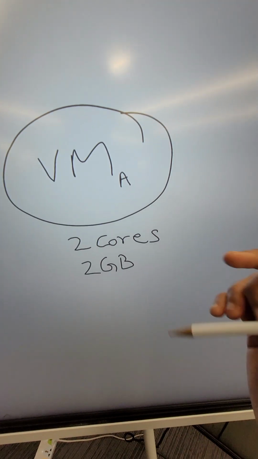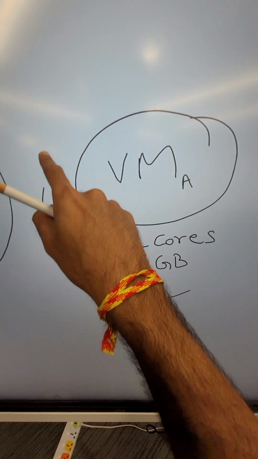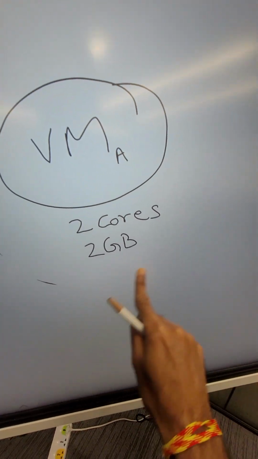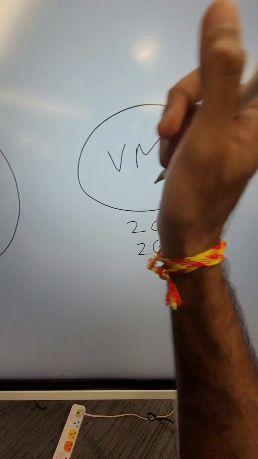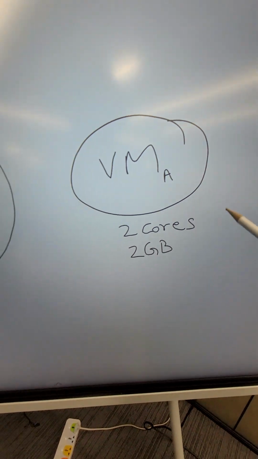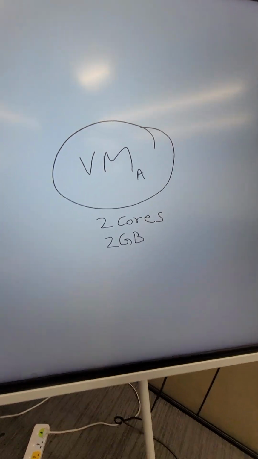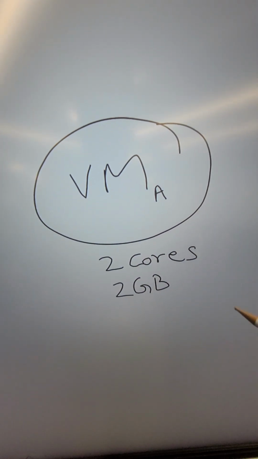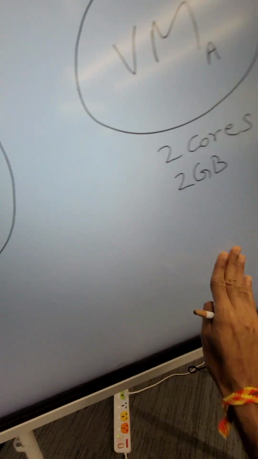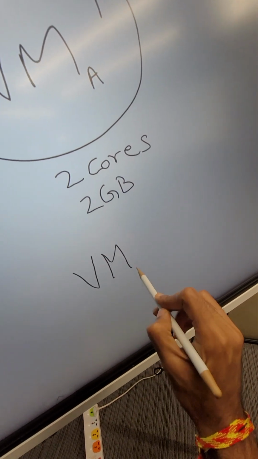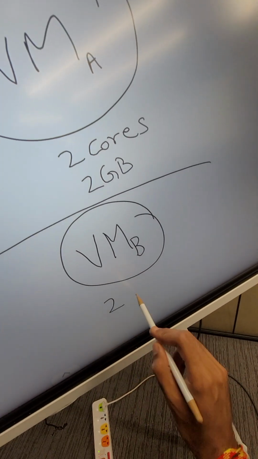Since it's a virtual machine, you can change the size or the type of the virtual machine, and for example, shut it down, and maybe have another instance, so that you don't have any downtime when this machine is killed. VMB, which also has 2 cores and 2 GB of RAM, for example.